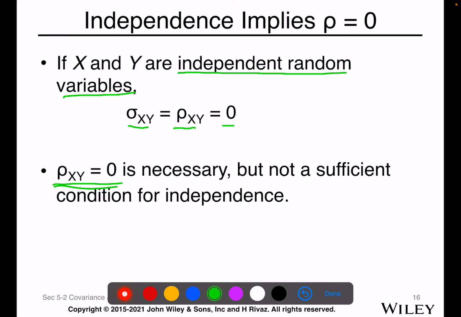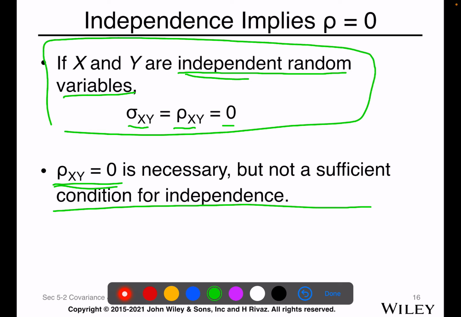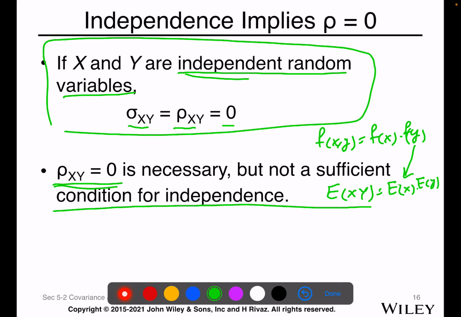Right? So independence, in fact, is a stronger condition than zero correlation. Right? So the first part is, in fact, quite easy to prove, right? In fact, I encourage you to prove it at home, right? So remember that independence means that f of x and y is equal to f of x times f of y, right? This is independence. So from this, you can prove that expected value of xy is equal to expected value of x times expected value of y, right?